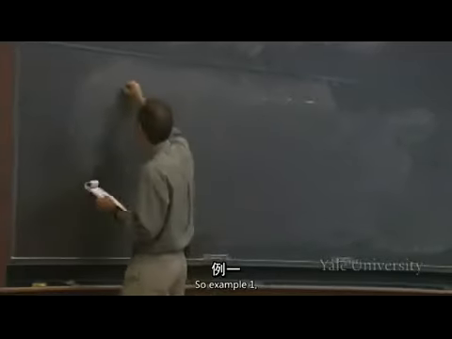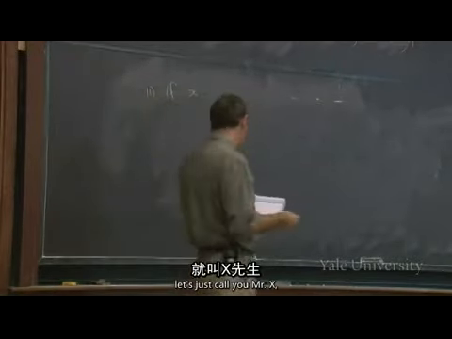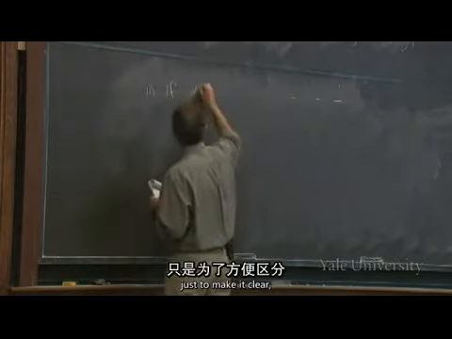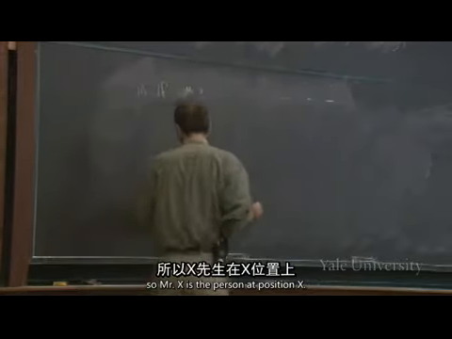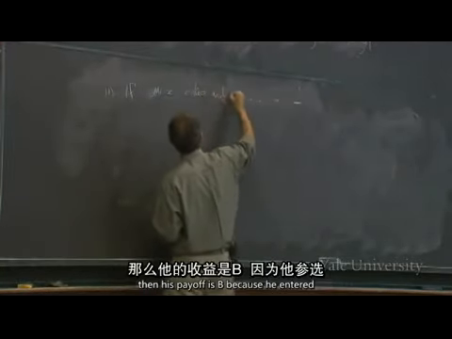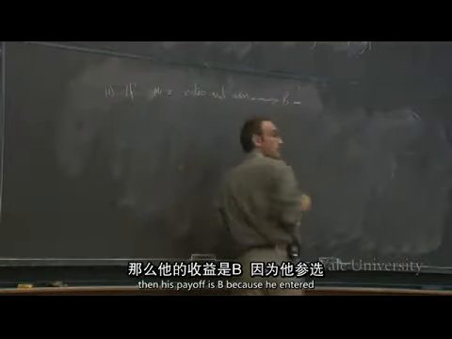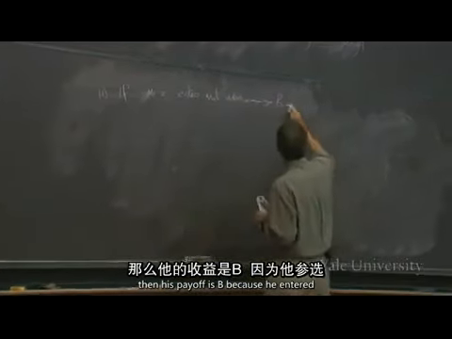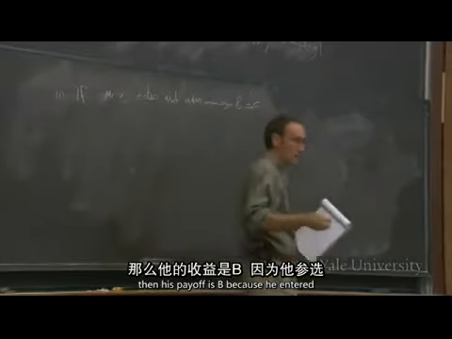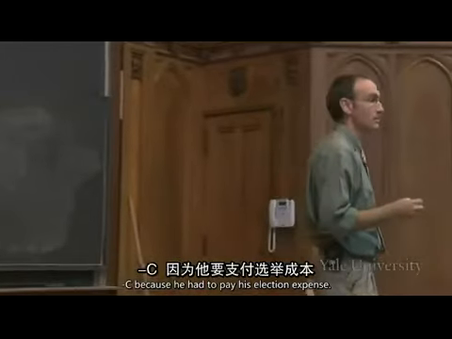So example 1, if you're at x, so let's call him Mr. X, the person who's at position x. If he enters the election and he wins the election, then his payoff is B because he won, minus C because he had to pay his election expense.